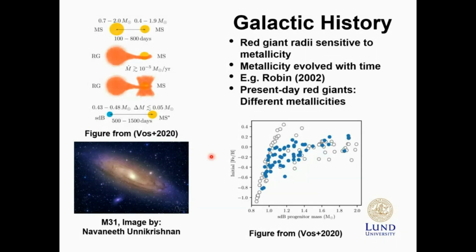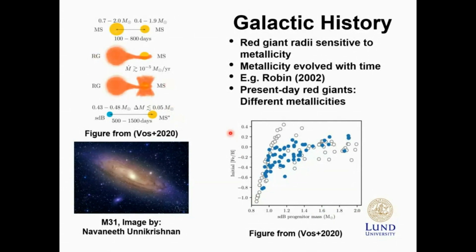So we have this picture that if we had subdwarf B stars which formed from low mass progenitors, they inherited low metallicity. If we had subdwarf B stars formed from high mass progenitors, then they inherit high metallicity, and that metallicity affects the radii of red giants.